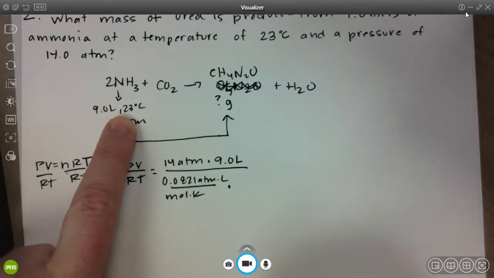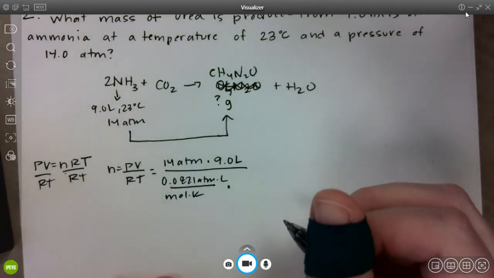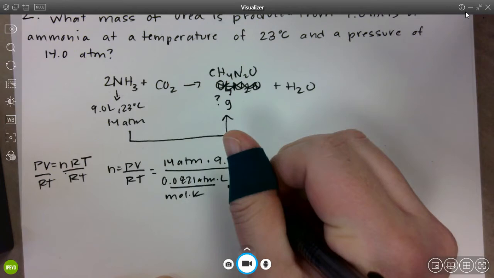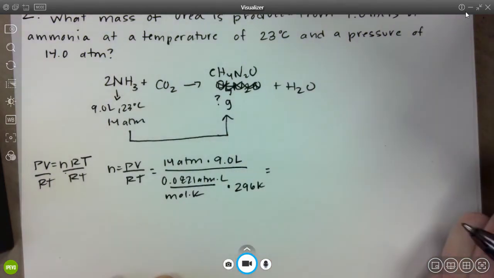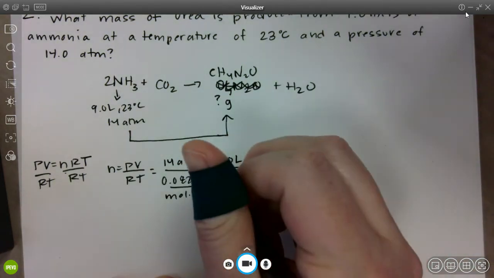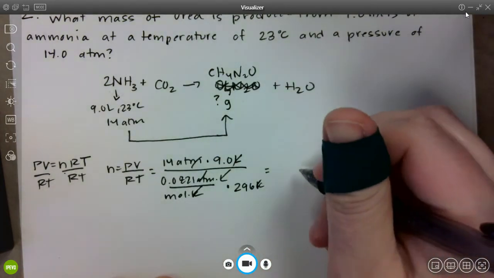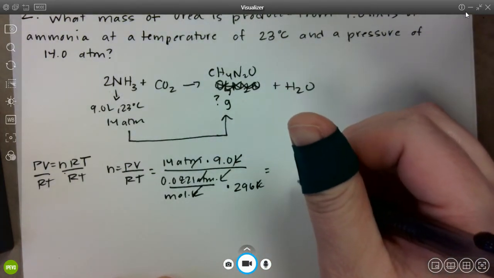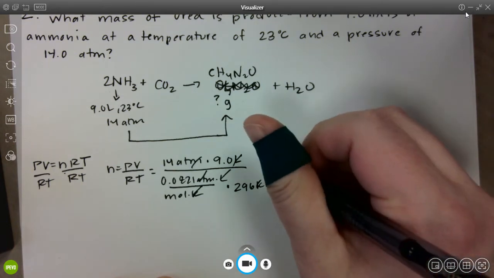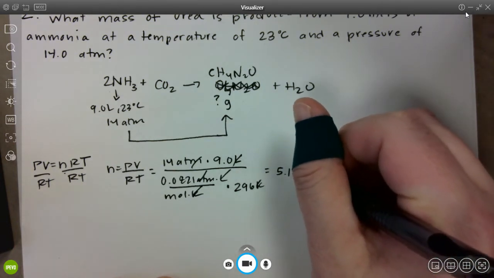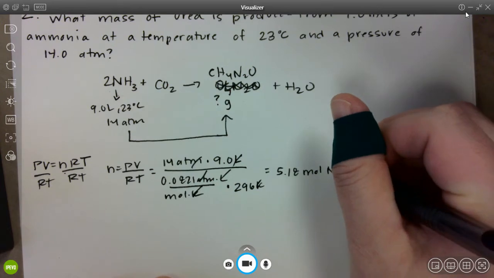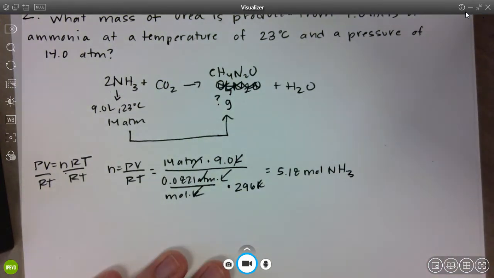So 23 degrees Celsius is 296 Kelvin. When I plug all this in, my units cancel out, and that's great. My number of moles is 5.18 moles of my ammonia. So I've got 5.18 moles of NH3.